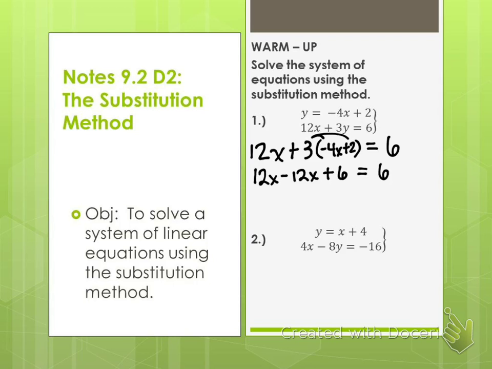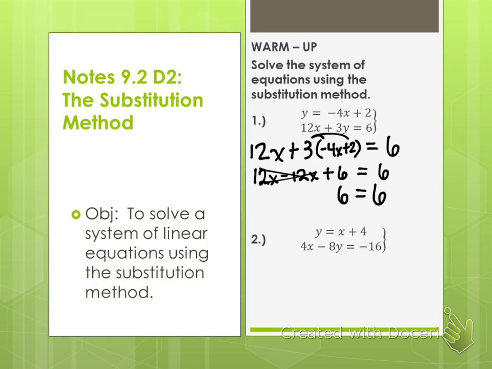Next, I combine like terms. But what happens when I combine my like terms here? Natalie? It becomes a 0. They cancel out completely. So if that's a 0, 0 plus 6 just leaves us with a 6 there.